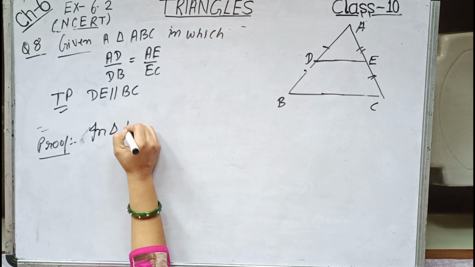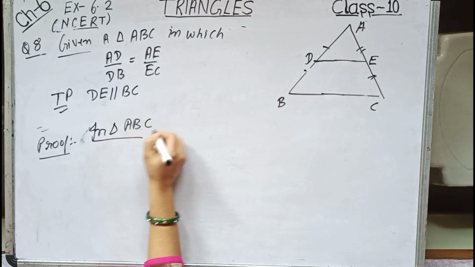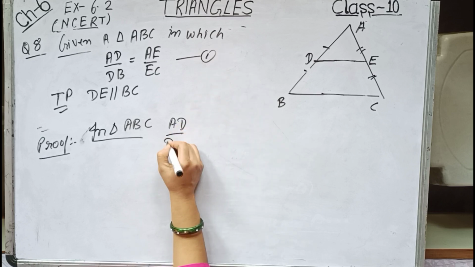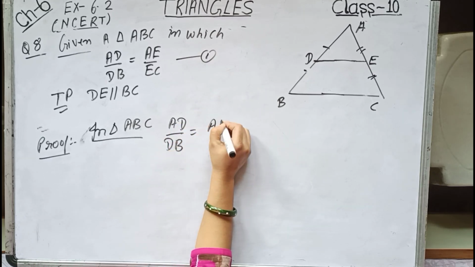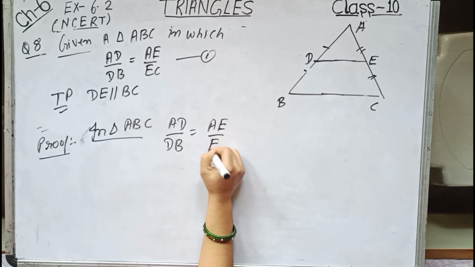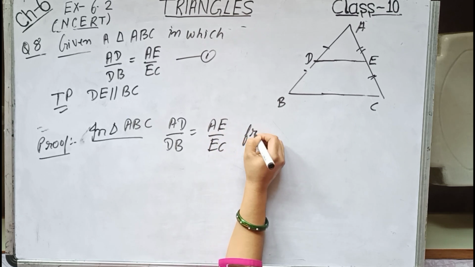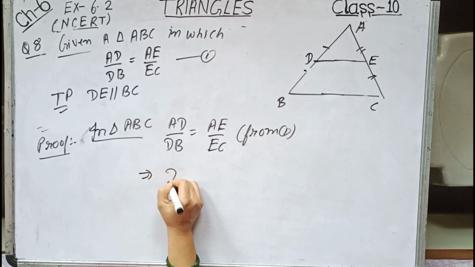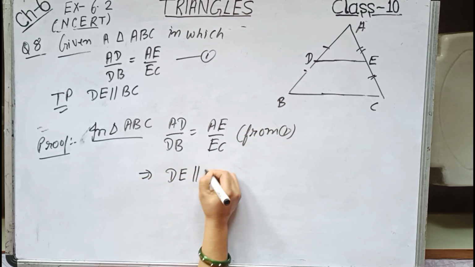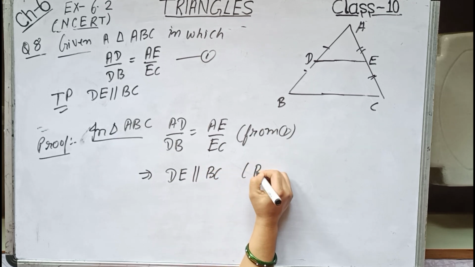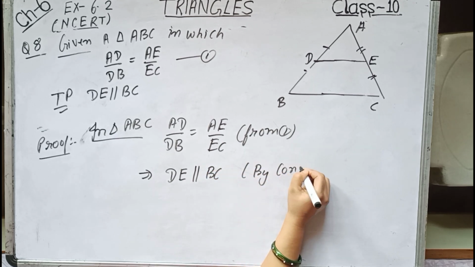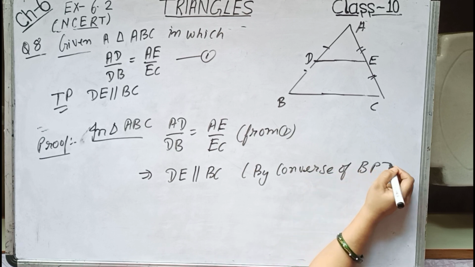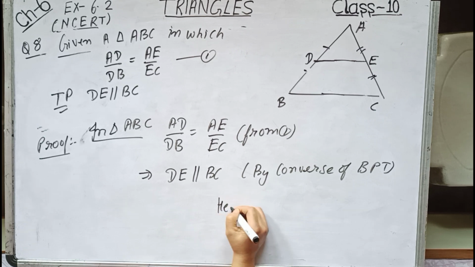In triangle ABC, AD by DB equals AE by EC from 1. This implies DE is parallel to BC by converse of BPT and hence proved.